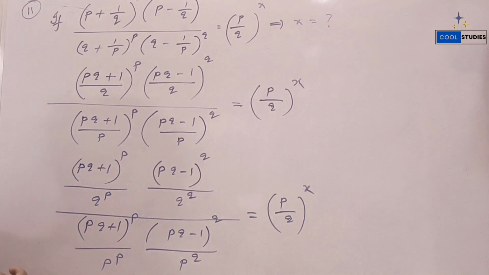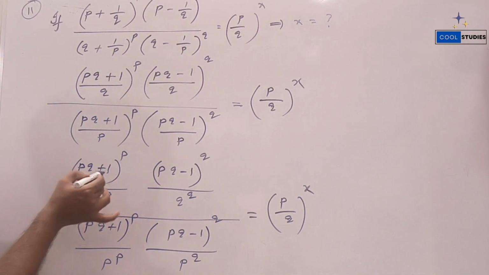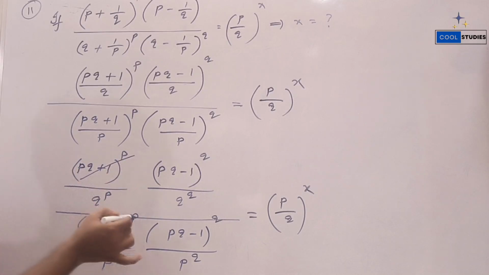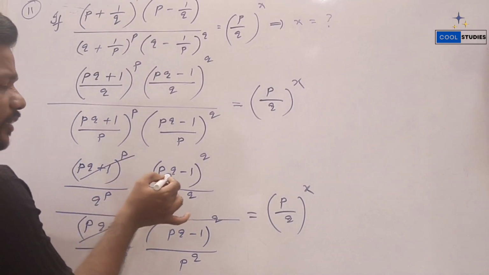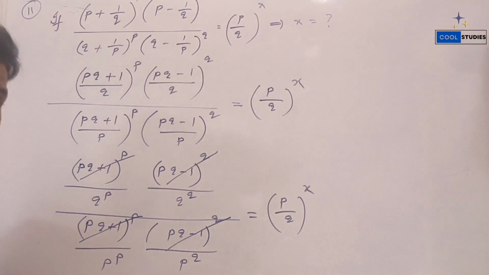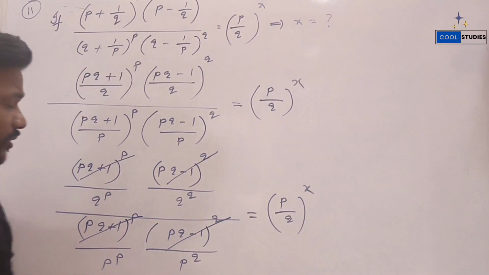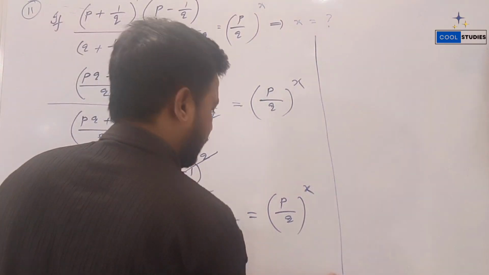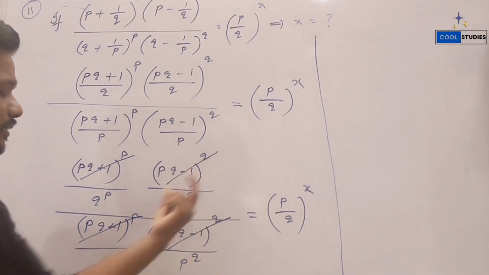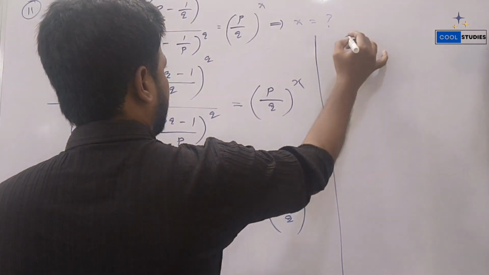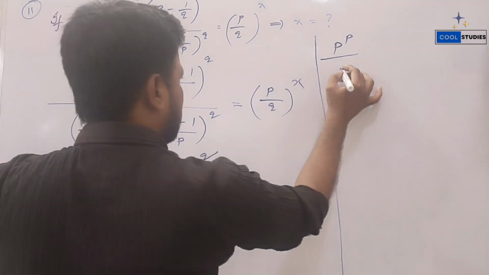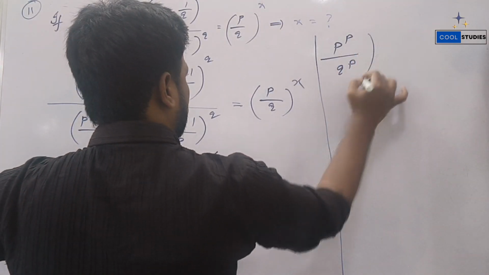Now observe that (pq plus 1) whole power p and (pq plus 1) whole power p, these two will cancel. Similarly, (pq minus 1) whole power q and (pq minus 1) whole power q are cancelled. Now take the reciprocal of this, what can we write? These two go up. When they go up, what happens? p power p by, down in the denominator, q power p.